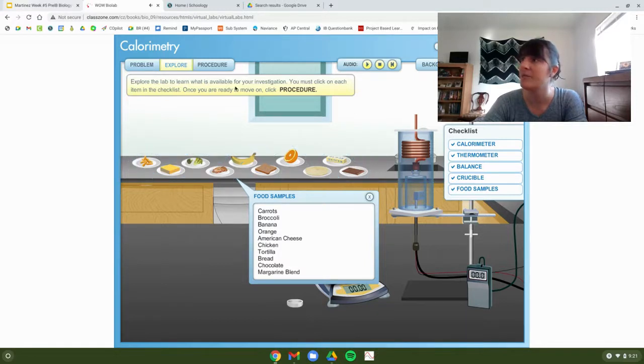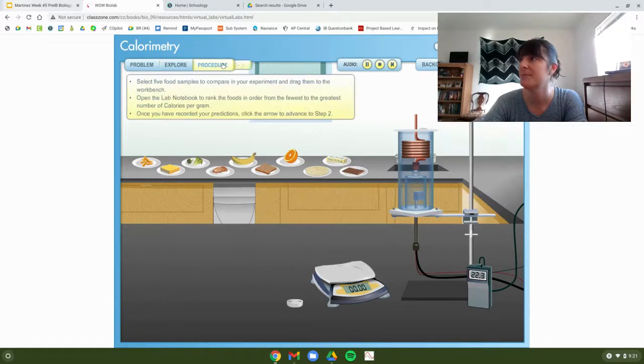All right, I think we are ready for the procedure. Select 5 food samples to compare in your experiment and drag them to the workbench. Open the lab notebook to rank the foods in order from the fewest to the greatest number of calories per gram. Once you have recorded your predictions, click the arrow to advance to step 2.